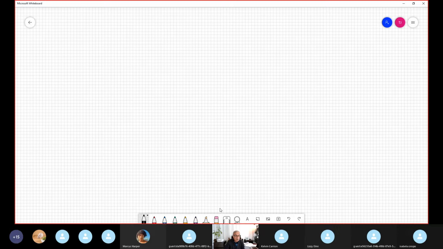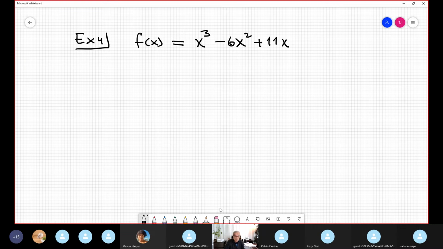Example 4 is very, very interesting because it is exactly the polynomial we cannot do by factorization, because factorization has limitations, and the only thing you can do is synthetic division.